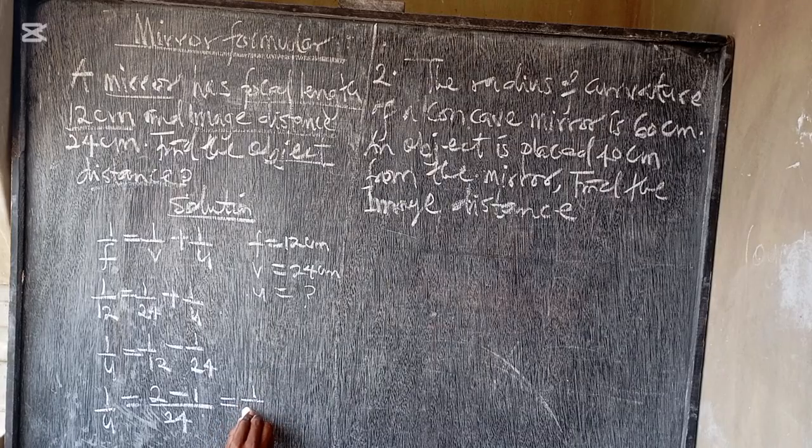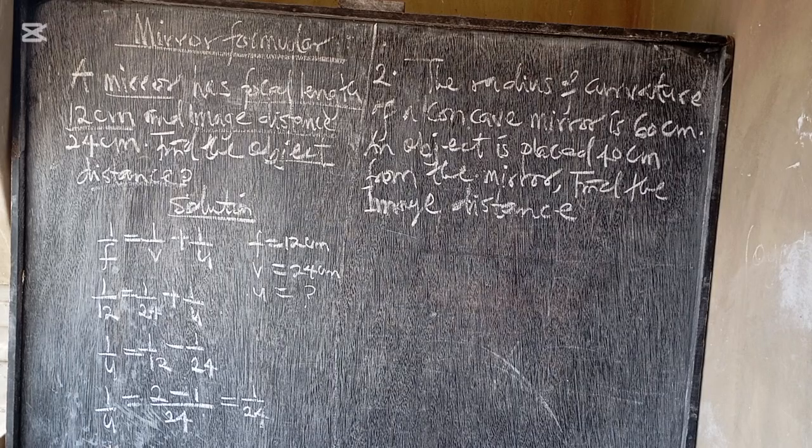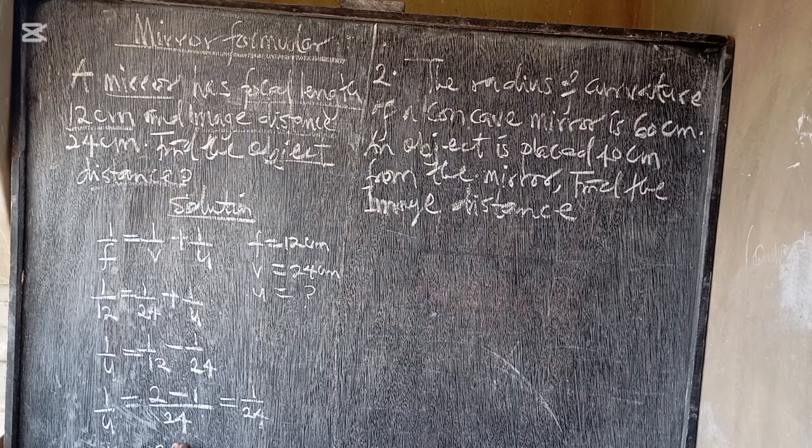Therefore you find 1 over 24, so u is equal to 24 centimeter, when you cross multiply.